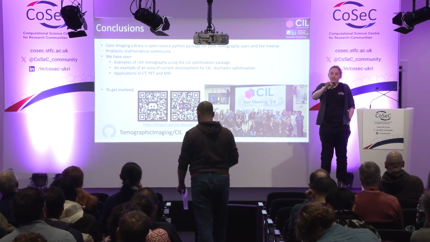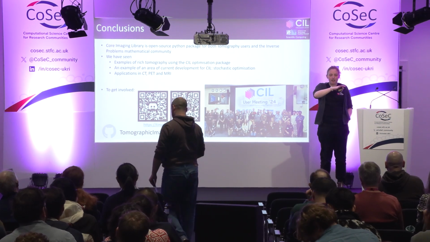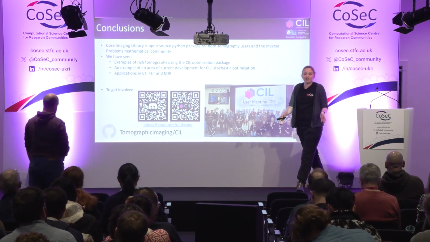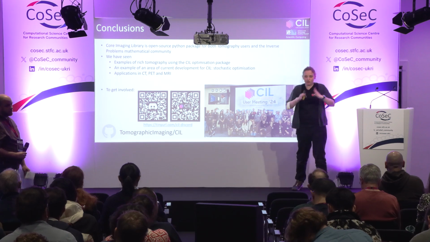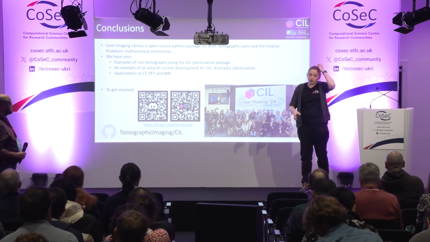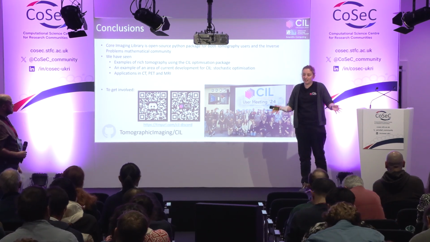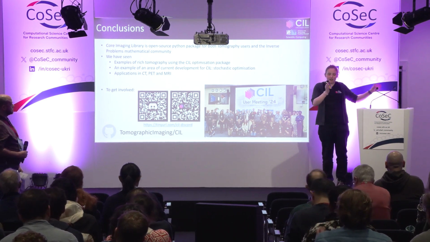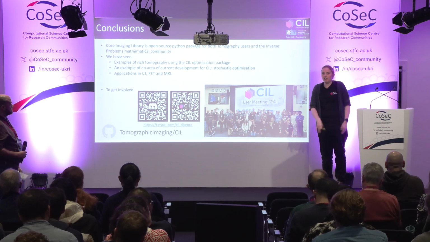Things like the TV that I mentioned with the piecewise constants and sharp edges, or if you were doing something like sparsity, where you want to say that your image is sparse in some basis. In that case, you use other things like proximals or proximal conjugates.